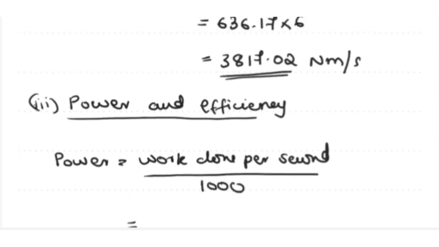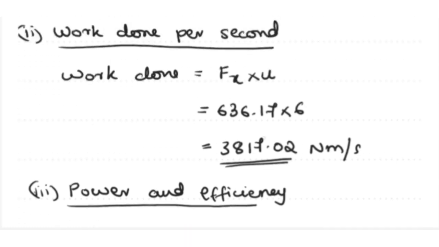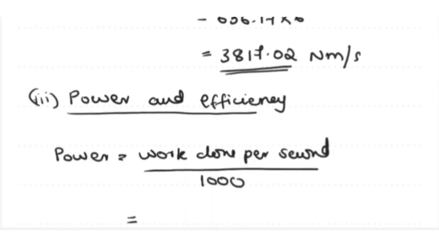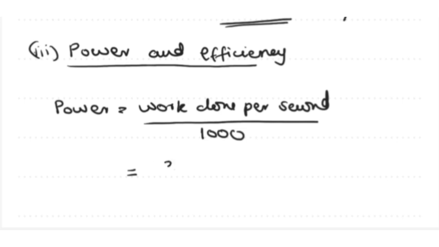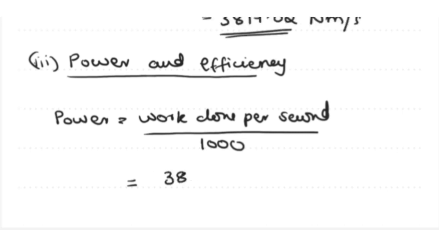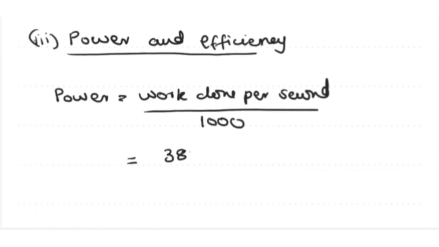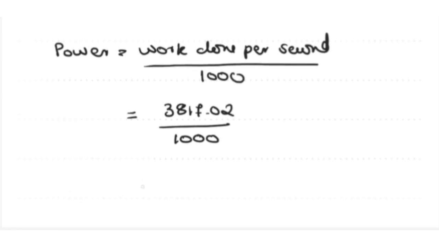Work done per second is 3817.02 divided by 1000. We will get the answer is equal to 3.817 kilowatt.